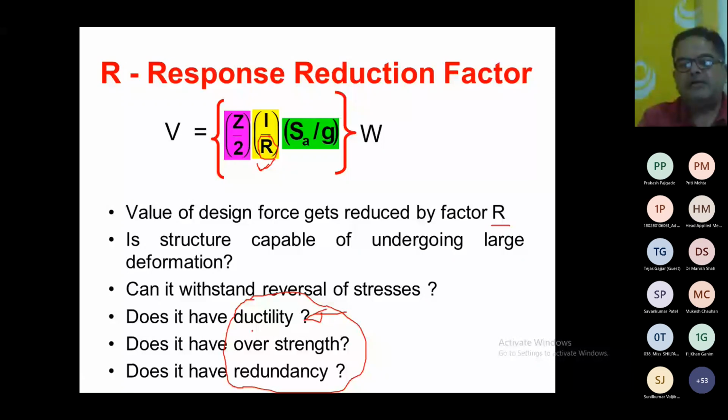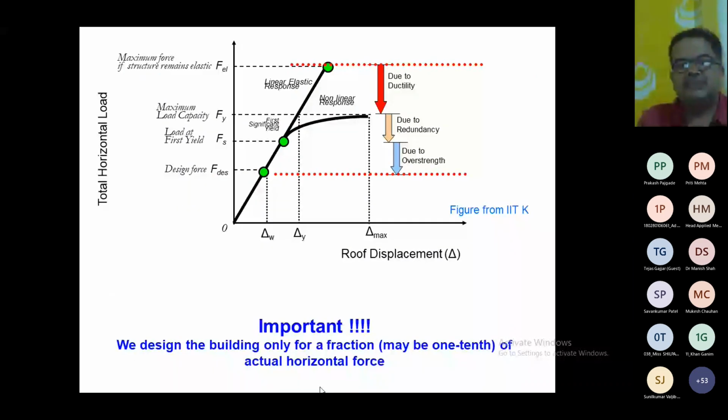The second part is overstrength, and third is redundancy, right? Yesterday we discussed that this is the maximum earthquake force acting on your structure. We are not designing for this force. We are designing for a fractional load.